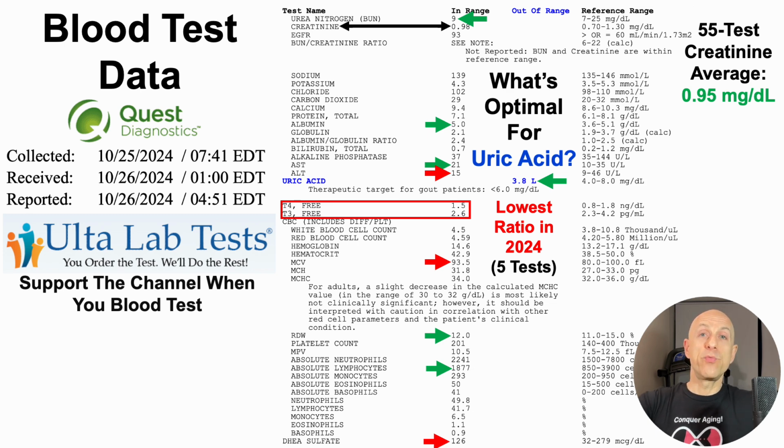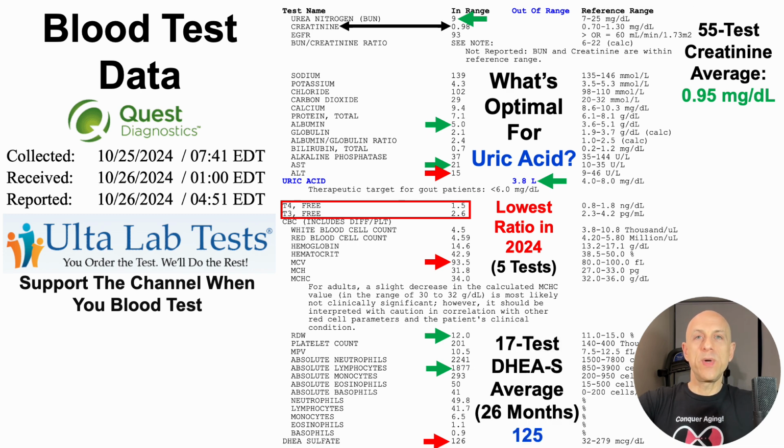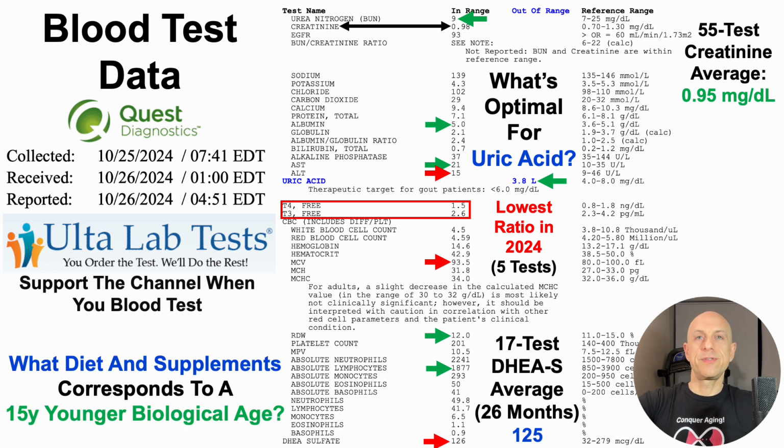On the other side, I want to resist any age-related decline, knowing that androgens, including DHEA sulfate, decline during aging. So with that in mind, 126 is almost identical to my 17-test DHEA sulfate average over the past 26 months. So I've been able to resist an age-related decline over the past 2+ years.